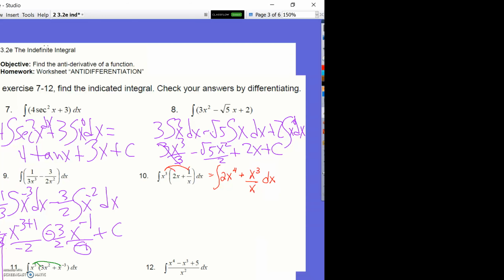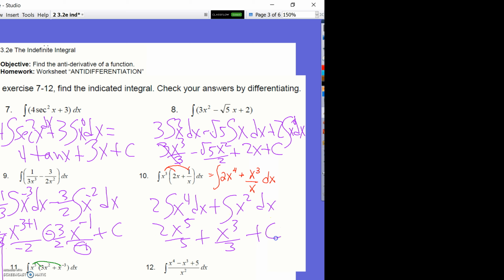Number 10, distribute the x cubed first before you do the antiderivative. So you end up with 2x to the 4th dx plus the antiderivative of x squared dx. So 2x to the 5th over 5 plus x to the 3rd over 3 plus c. Final answer for number 10.